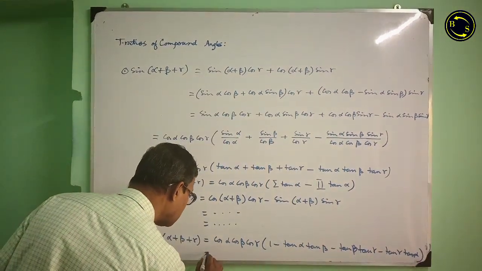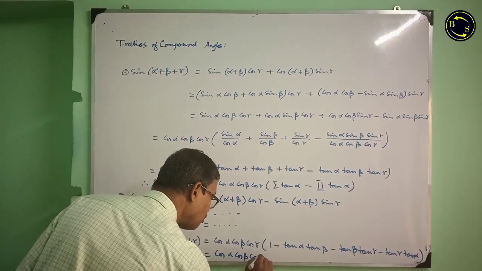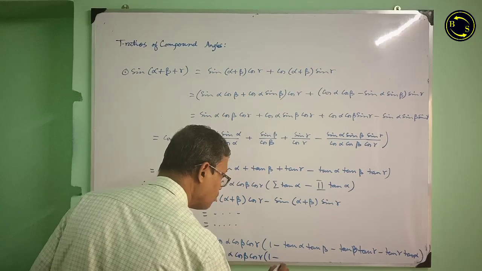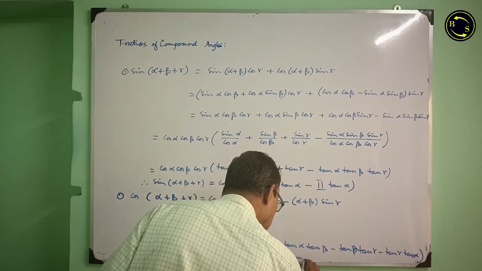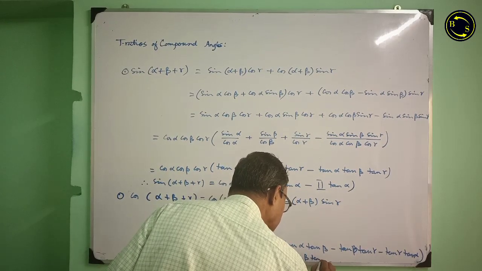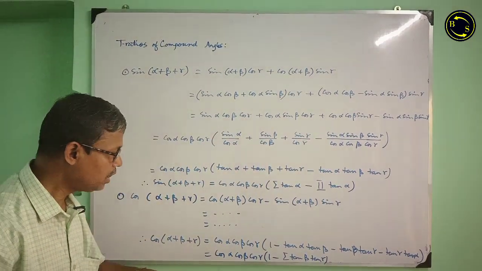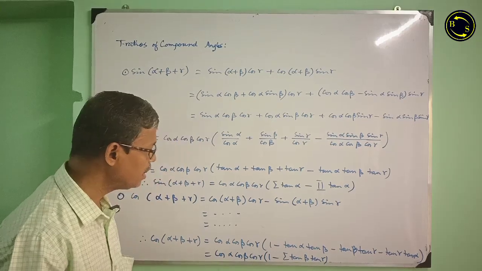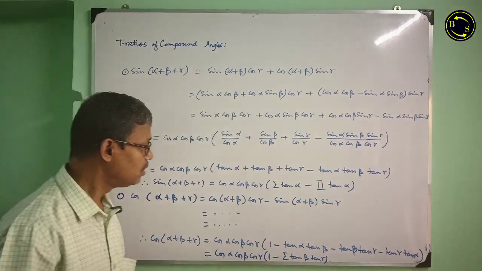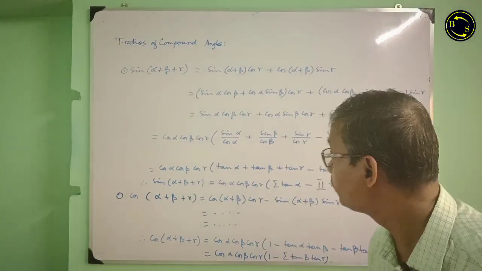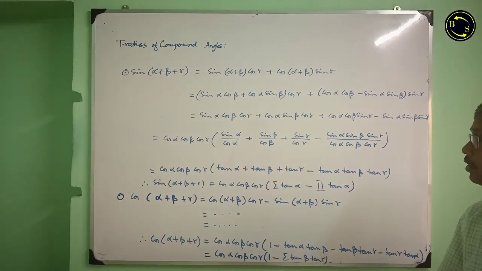We can also express in short form cos alpha cos beta cos gamma 1 minus summation tan beta tan gamma. If we use these symbols, it will be quite easier to memorize these results. Thus, we have got different trigonometrical identities for compound angles.